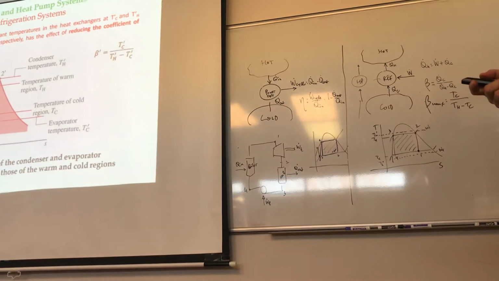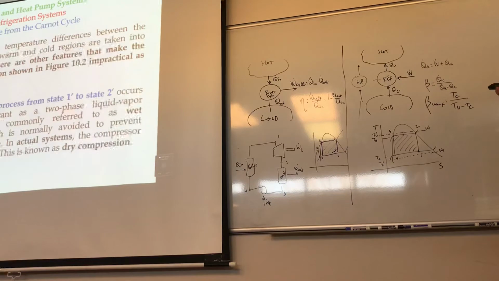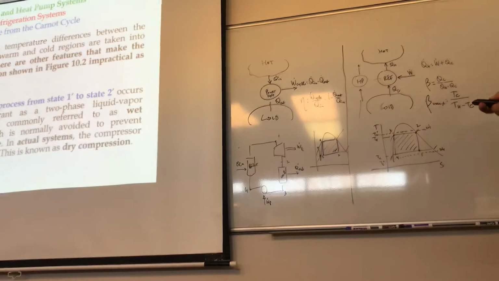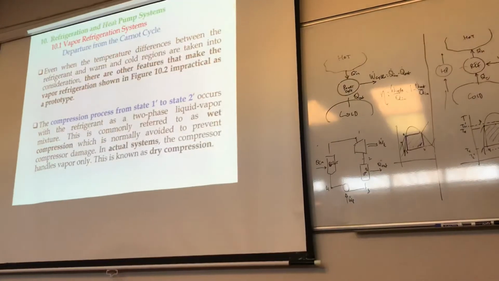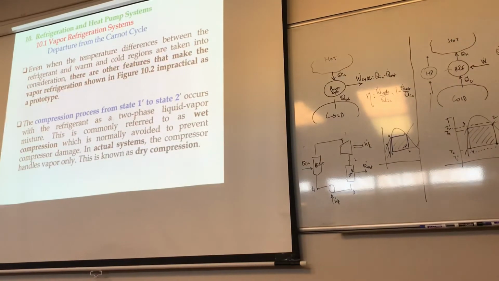Another problem of interest in here is the following, okay? We're still analyzing this Carnot cycle. Even when the temperature differences between the refrigerant and the warm and cold regions are taken into account, there are other features that make vapor refrigeration impractical as a prototype, the one that has the compressor, the condenser, the turbine, and then the evaporator.